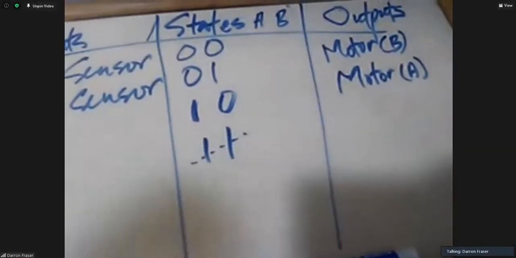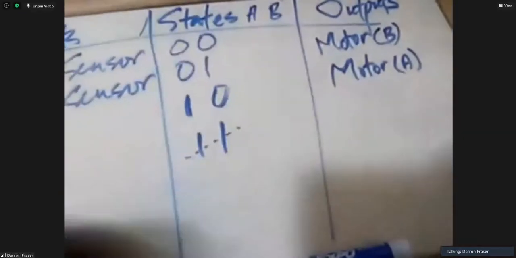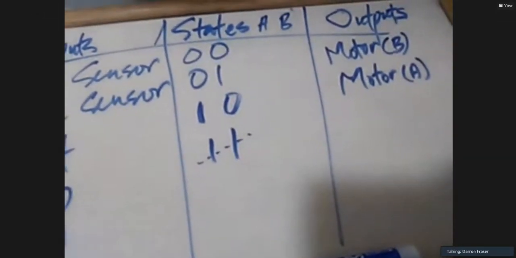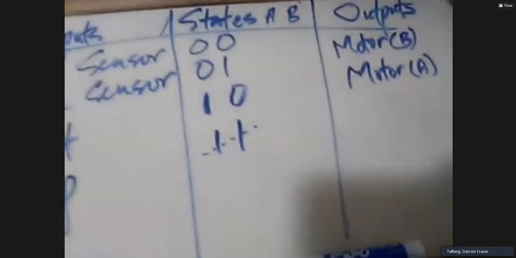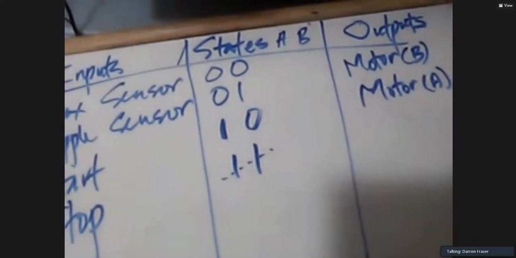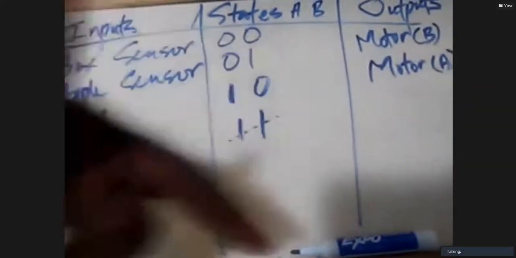But it is not always going to be the case. But for now, for this problem, because it is not a massive circuit with multiple outputs, you normally let your states coincide with what you want your outputs to be. But we're going to look at another problem where we're not going to do that. We're going to have outputs that are different from the state.